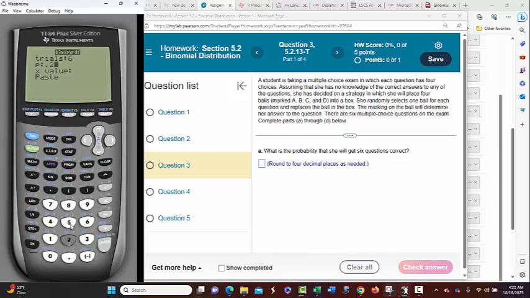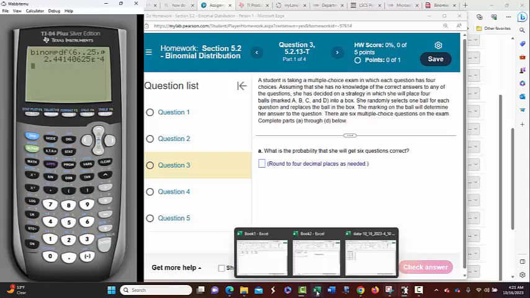I could put 1 over 4 in there. The x value, the number of successes we're trying to measure, is 6. Paste. Enter. Now that's just scientific notation, where we would move the decimal over 4 places and leave 3 zeros in front. The calculator does that whenever the number's really small.